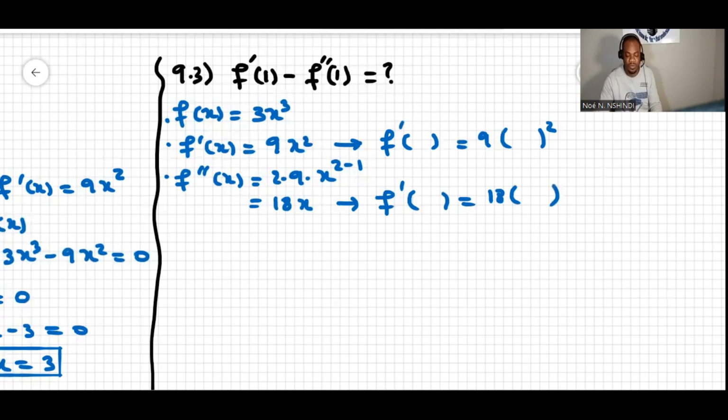So I'm going to sub in 1 there and 1 there. So f prime of 1 is just 9, and f second of 1 is going to be 18.